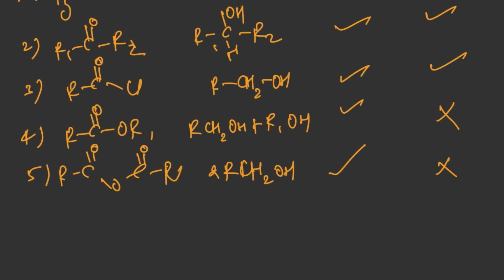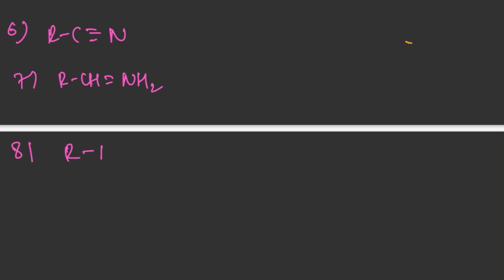If we write more functional groups, let's talk about sixth, we have cyanide. Seventh we have imine. Eighth we have isocyanide. Ninth we have amide. Tenth we have acid.